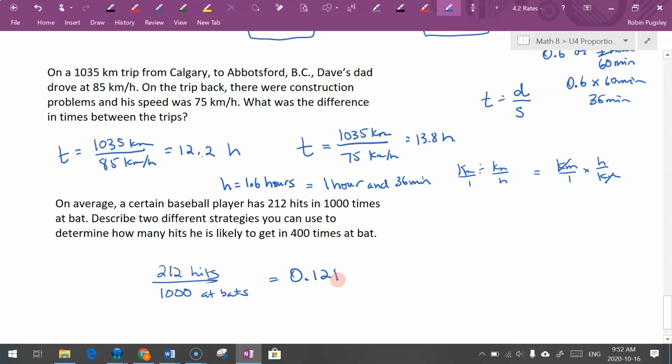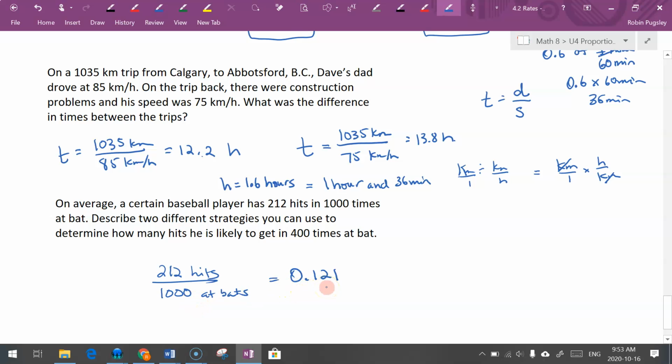Their batting average is 0.212, okay? Or in other words, they can hit about 21 times for every 100 at bats. But typically batting averages are written per 1,000 at bats and changed to a decimal.